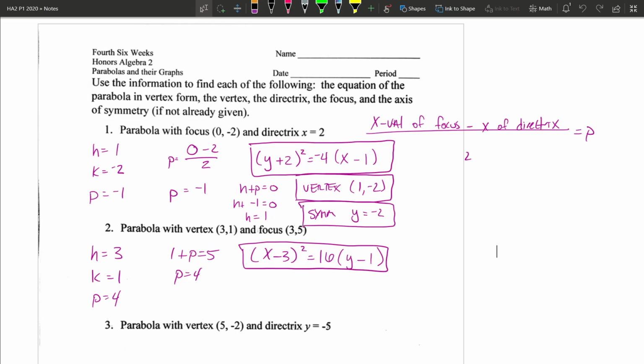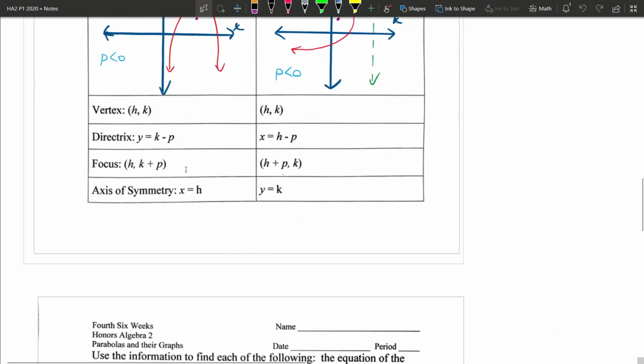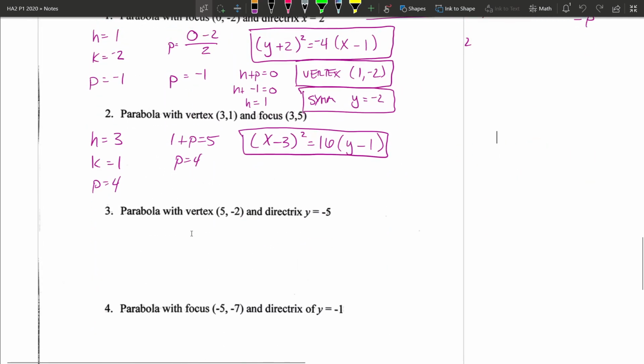The vertex. We already have that. The directrix. All right, so the directrix on this one is going to be y equals k minus p. So our directrix should be y equals negative 3.